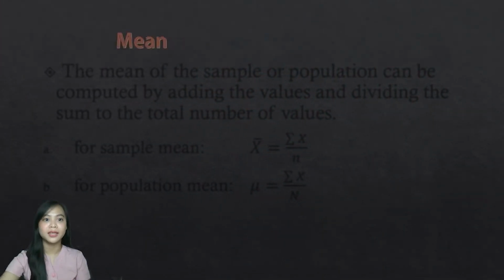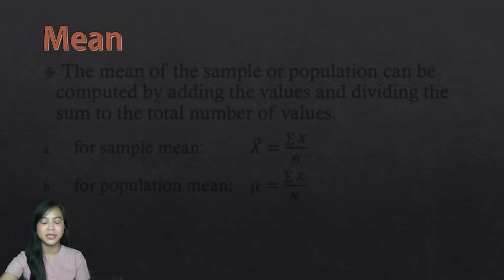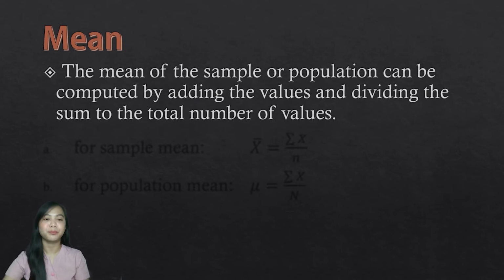let's define the term mean. So what do we mean by mean? The mean of a sample or population can be computed by adding the values, then dividing that sum by the total number of values.